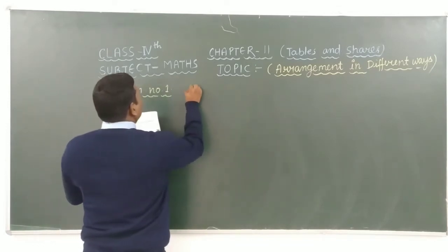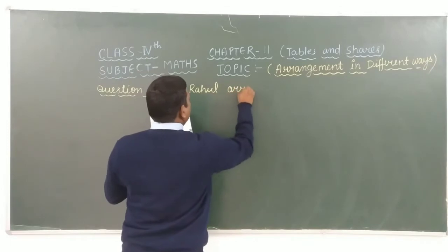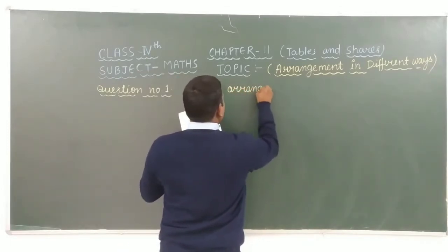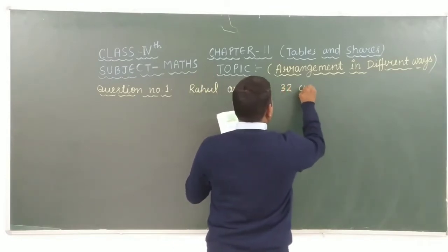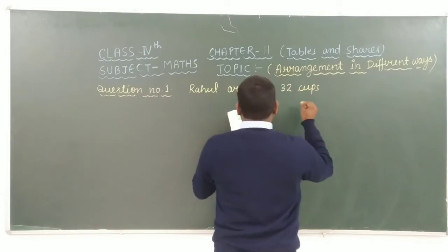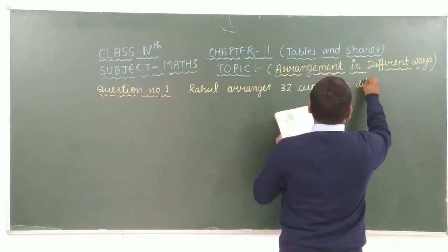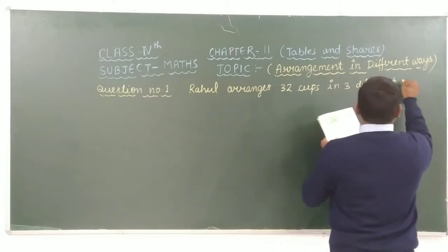Rahul arranges 32 cups in three different ways.